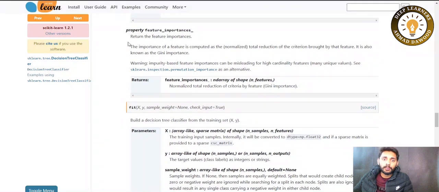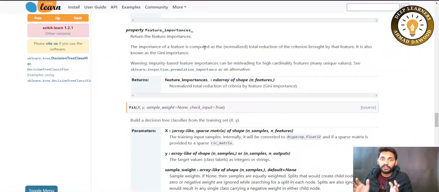Let's say you have five input variables and one target variable. After training the decision tree, you can ask the decision tree which input variable is more important compared to all other features. How does it calculate? It calculates the importance of a feature by analyzing the total reduction of the criterion.